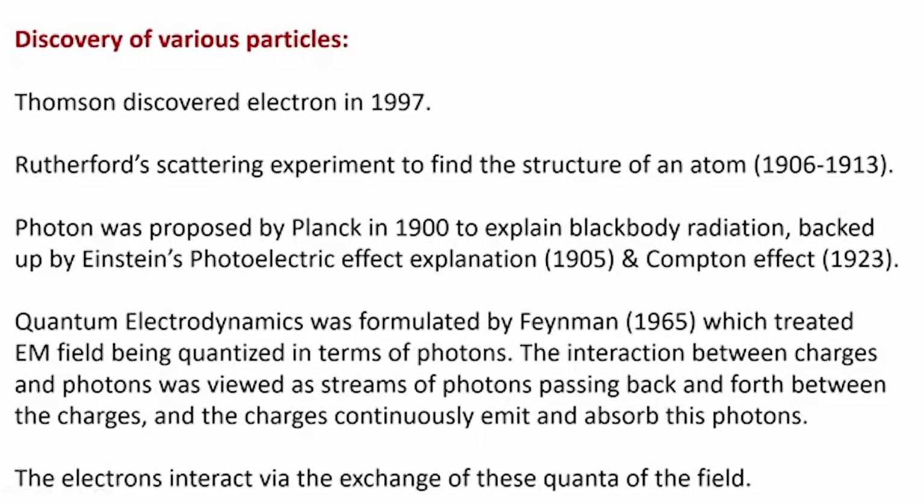So, let me go into the various elementary particles and their discoveries. It is more or less chronological. This is not 1997, it is 1897. Thomson discovered the electron in 1897, and then the structure of atoms was probed continuously.